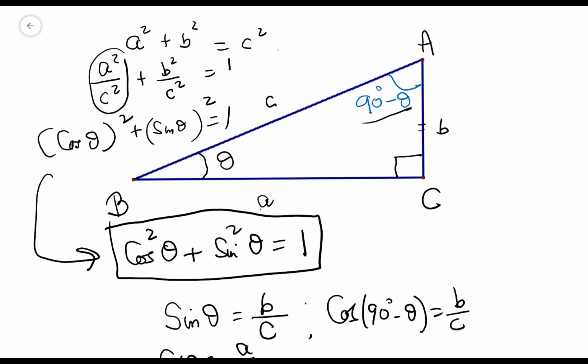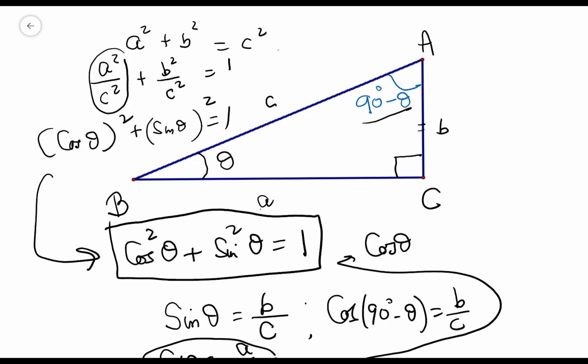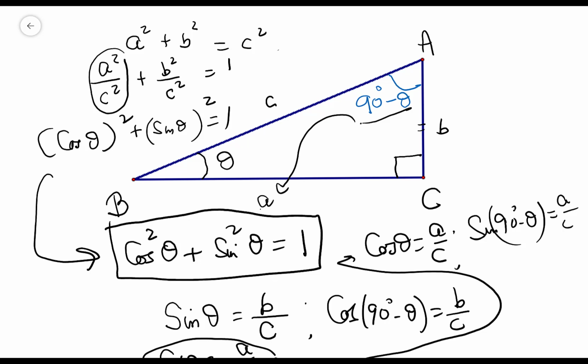On the other hand, cosine of theta is a over c. And if I write sine of 90 degrees minus theta, then that is also a over c because a is opposite to this angle.